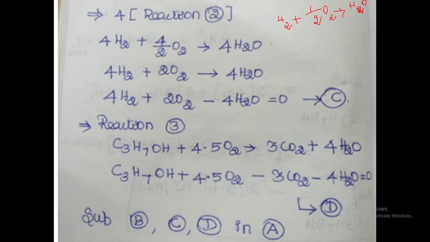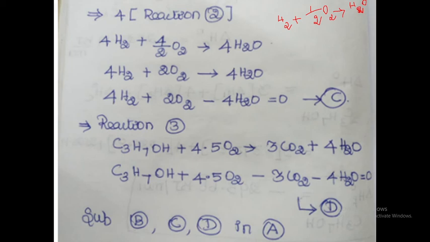Okay. So next we want to calculate reaction number 3. We have reaction number 3. Directly we should take that reaction: C3H7OH plus 4.5 O2 gives 3CO2 plus 4H2O. 3CO2 and 4H2O come to this side, so plus is converted into minus: minus 3CO2 minus 4H2O equal to 0. Are you clear or not? Okay.